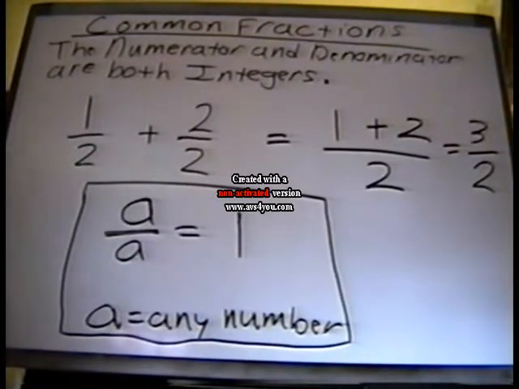Every time you have a number divided by itself, that gives you 1. Anything divided by itself gives you a numerical result of 1.